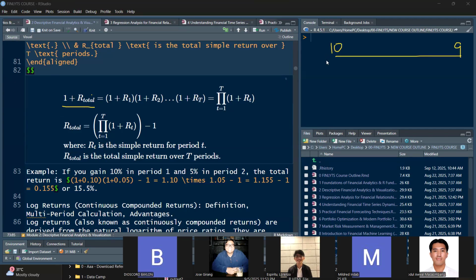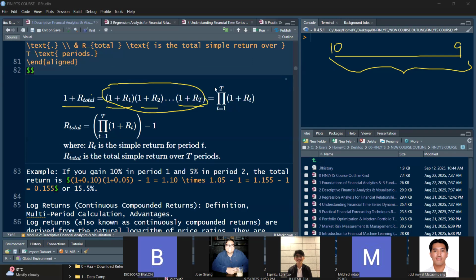So R total is the return for this total period, not only one period, not a single period. And how do we get the period returns? It's multiplicative: 1 plus R1, times 1 plus R2, up to 1 plus R sub T, where R sub T is the last period.